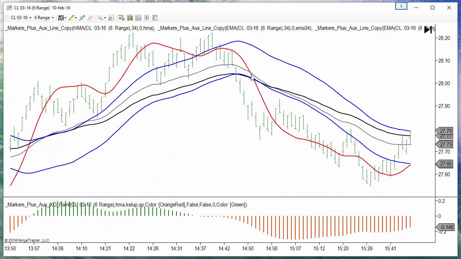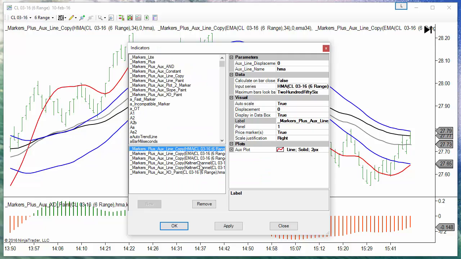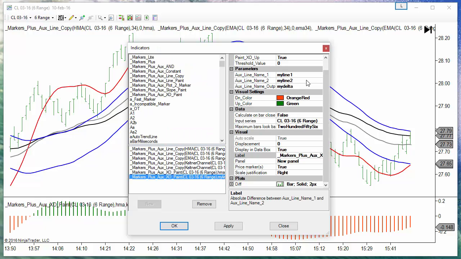Now I need to do the same when the red line is below the lower Keltner. HMA, Keltner down, I will use the name down.